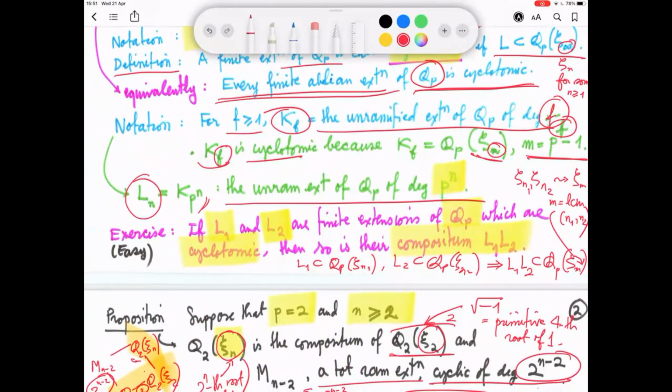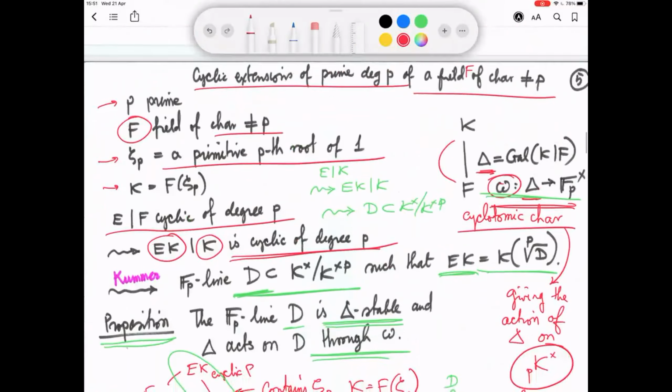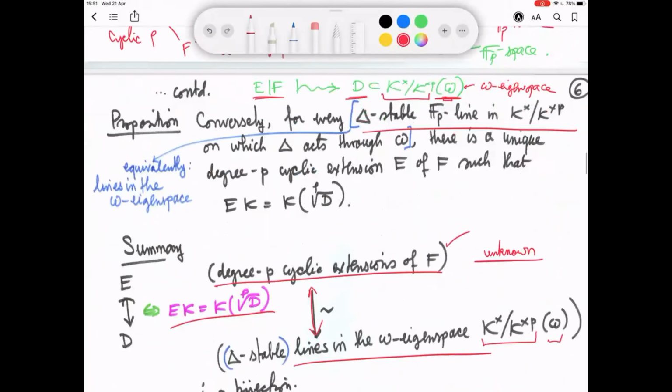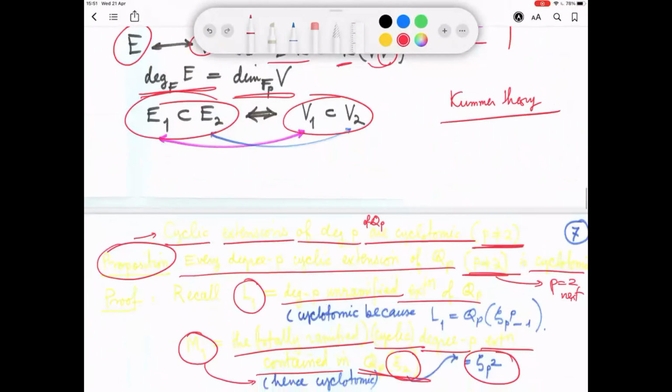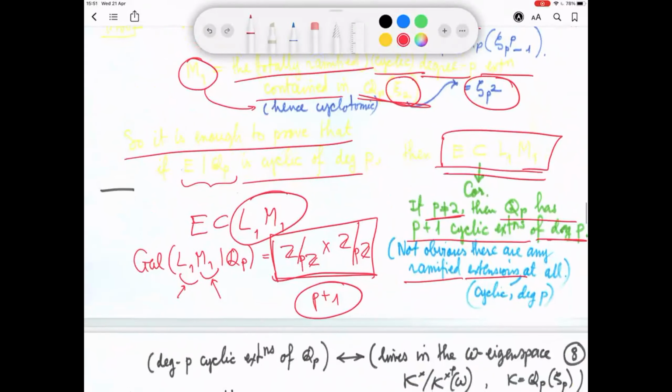Okay, sorry. If you are told to produce a ramified degree p cyclic extension of Qp, it's not obvious. So this is going to be a consequence of this inclusion.